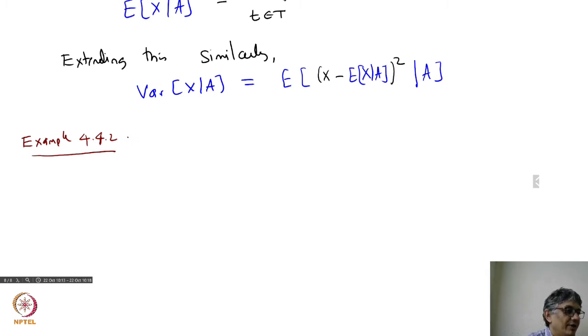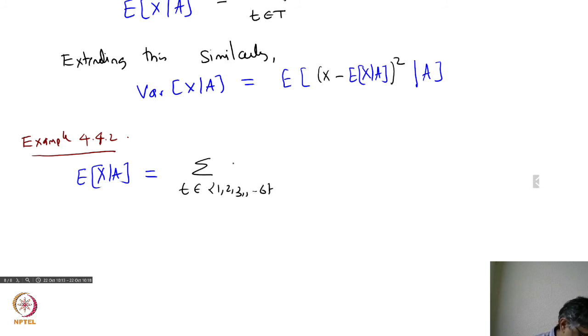So there, if I want to find E of x given A in that example, E of x given A was the sum over t from 1 through 6 of t times the chance that x equals t given A. That's the probability I would take. x was the original random variable.